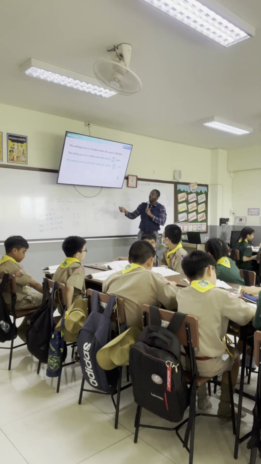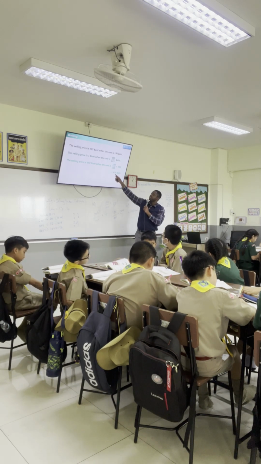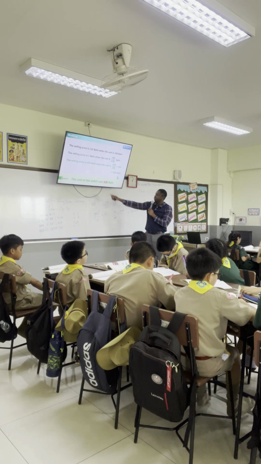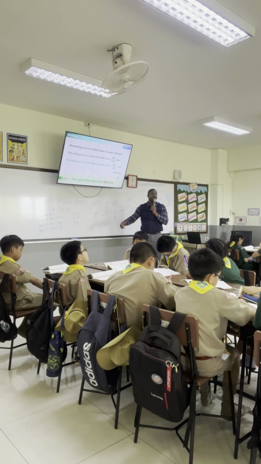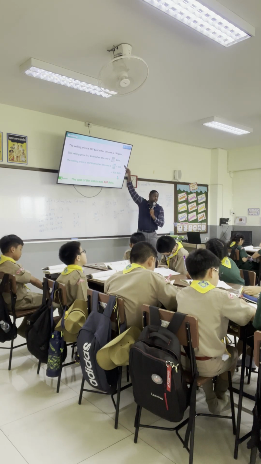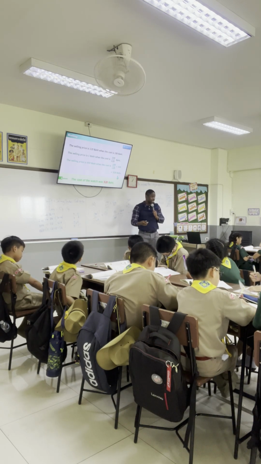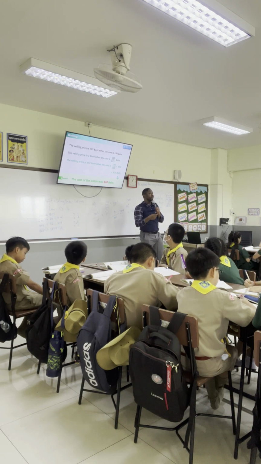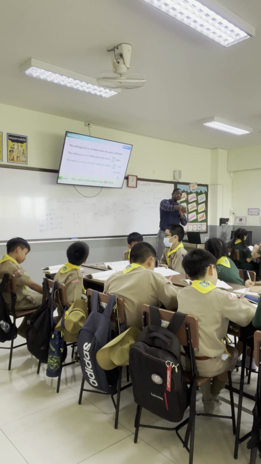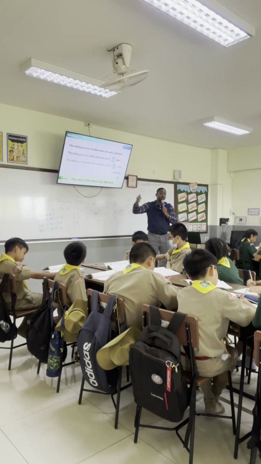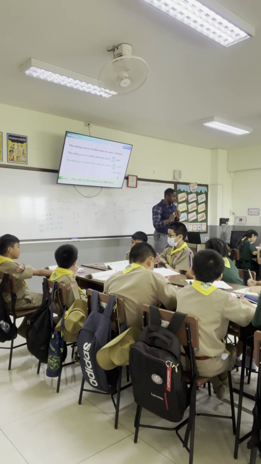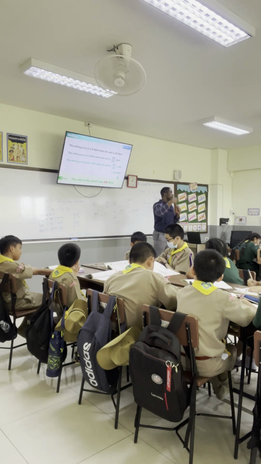Okay? So therefore, his price is 520 baht. The cost of the watch was 520 baht, and he sold it for 650. So he made a profit. Okay? Please do not confuse it. Always read the question. If you know the cost price and you don't know the selling price, it is profit over 100. So you need to know where to put the 100.